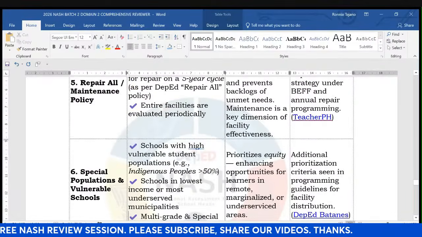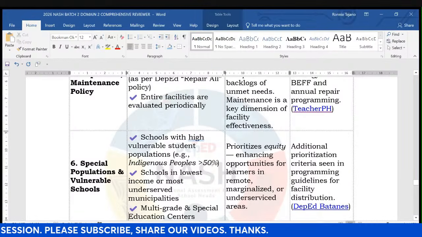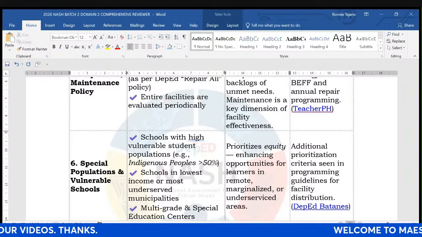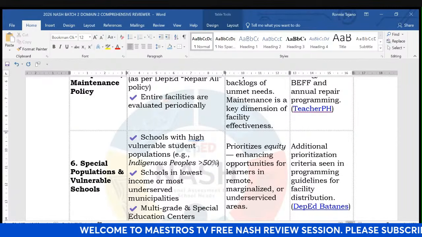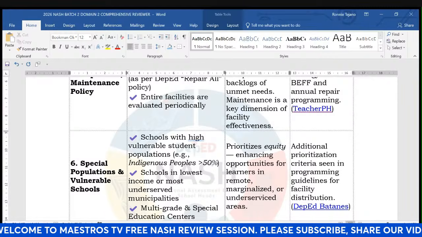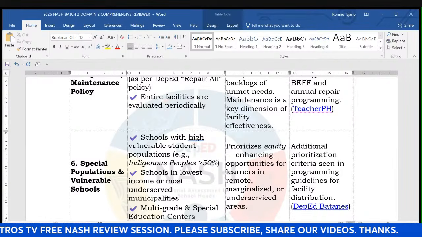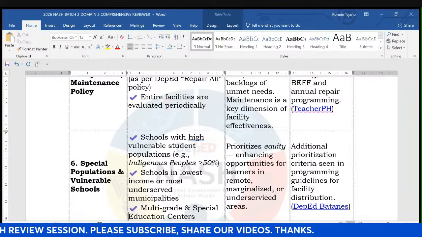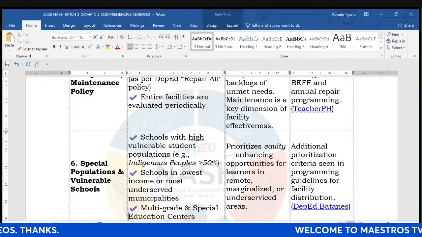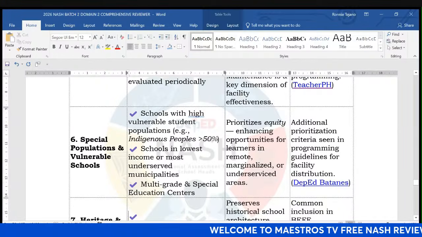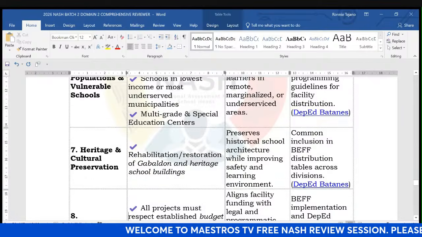Then, for special population and vulnerable schools, your school should have a high number of student population, including the indigenous peoples, of more than 50% of your enrollment, no? And the schools in the lowest income or most underserved municipalities are also prioritized, through equity naman, the reasons, no, for prioritizing your classrooms and multi-grades and special education centers.